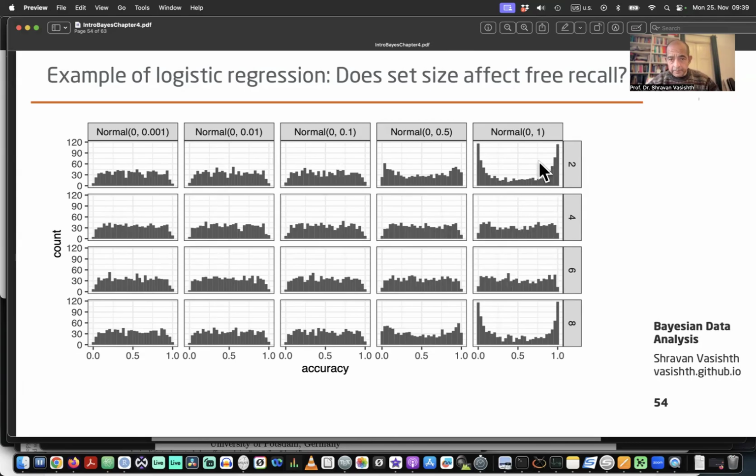So, for example, the normal 0 1 prior doesn't seem super reasonable because it produces this kind of distribution of accuracies, producing a larger proportion of 0 and 1 responses. You see that. So I would not use a normal 0 1 prior. These other distributions don't look so crazy, right?